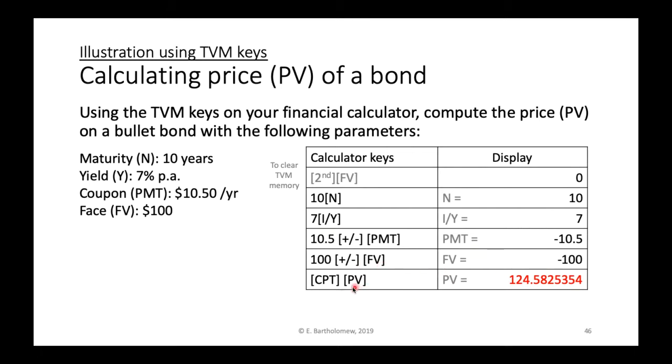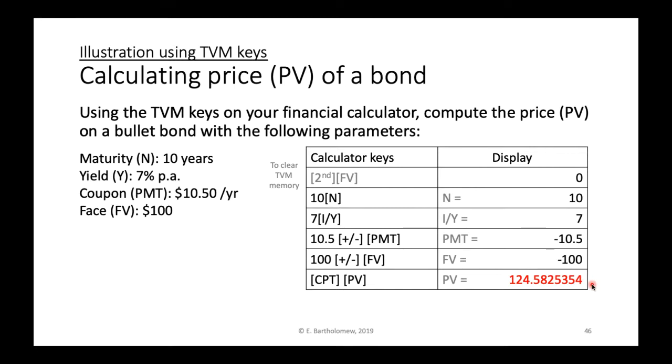Then to get the PV, you can't just hit the PV. On some calculators you can do that, but on the TI BA II Plus, you need to hit the CPT key and then the PV key, and you will get a result that will display PV. And if you've set it to floating point, you should see this result with these digits displayed.